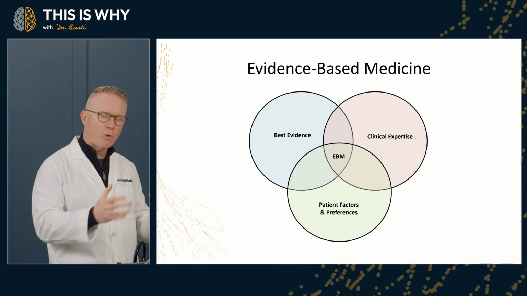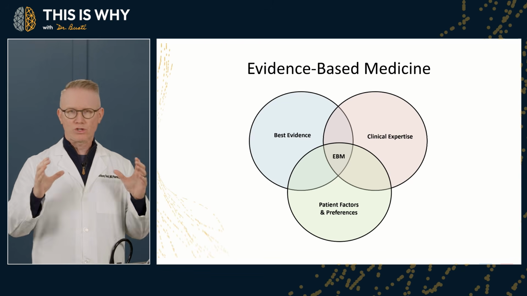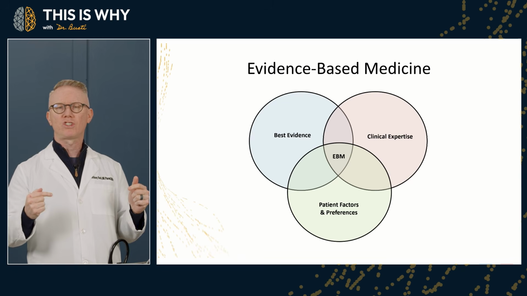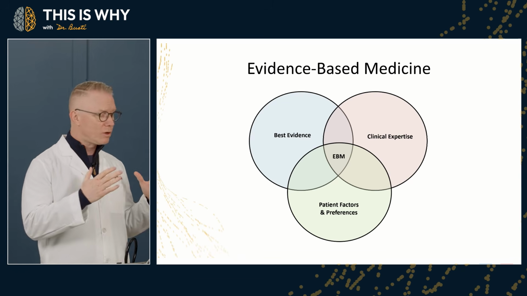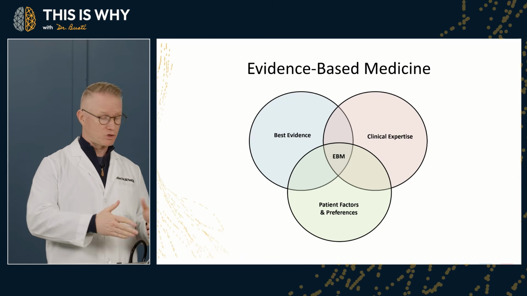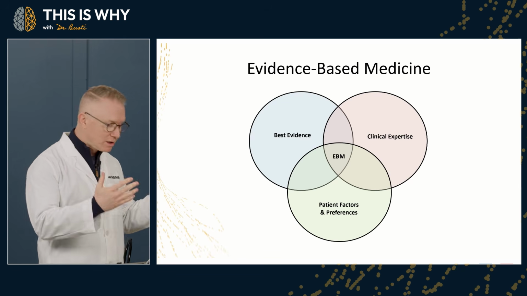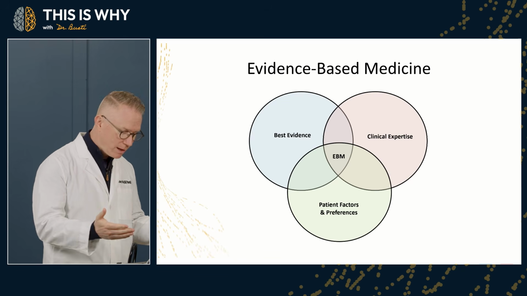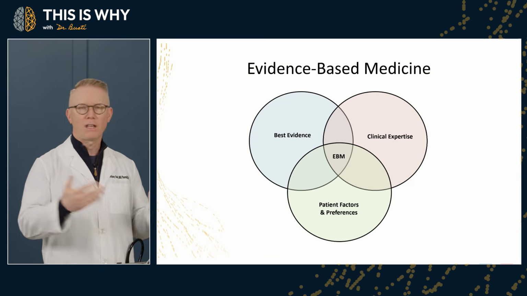But here's something important about the Venn diagram, guys. None of those individual circles or elements can function effectively in isolation. Clinical experience alone, just practicing medicine, is not enough. Reading the literature and only reading papers and books is not enough, right? Talking to patients is not enough.